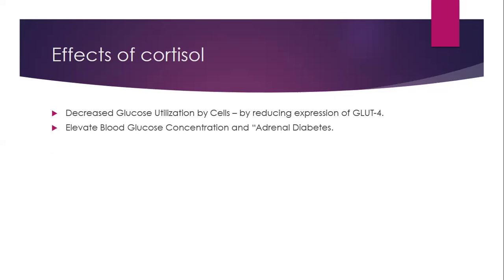Again, it can elevate blood glucose concentration, and it can cause adrenal diabetes. Adrenal diabetes is basically high glucose level. So when you have cortisol, you increase the level of glucose in blood, but you reduce its utilization. So in a way, you're going to cause diabetes, and that's why you call it adrenal diabetes, because it is purely due to a secretion from the adrenal gland, i.e.